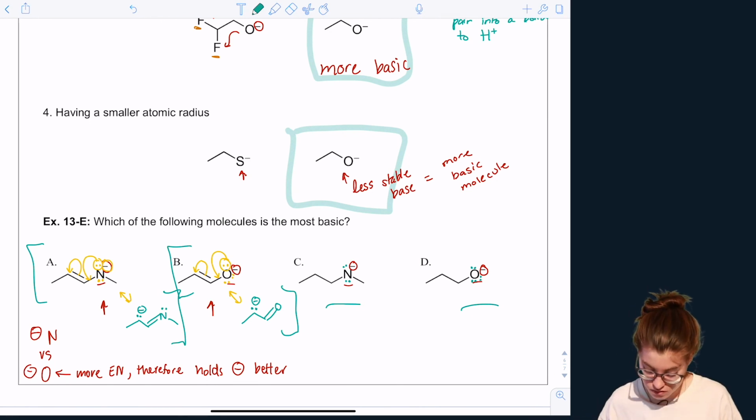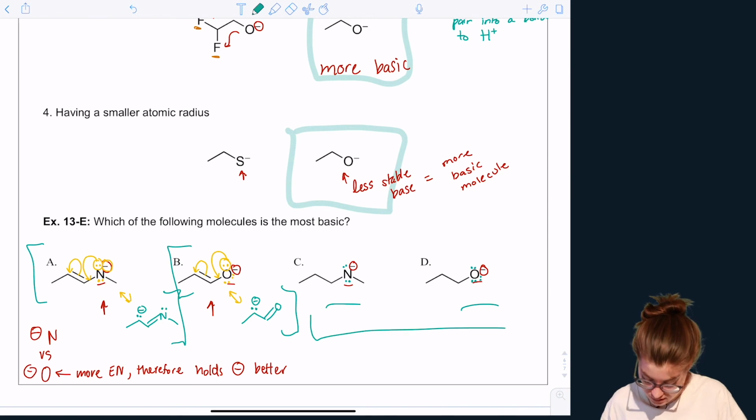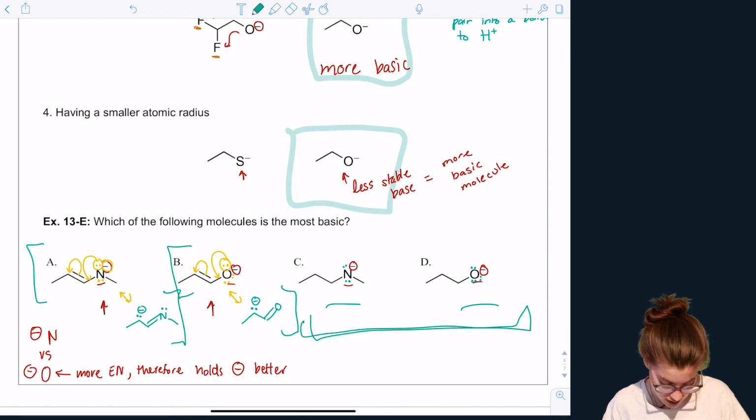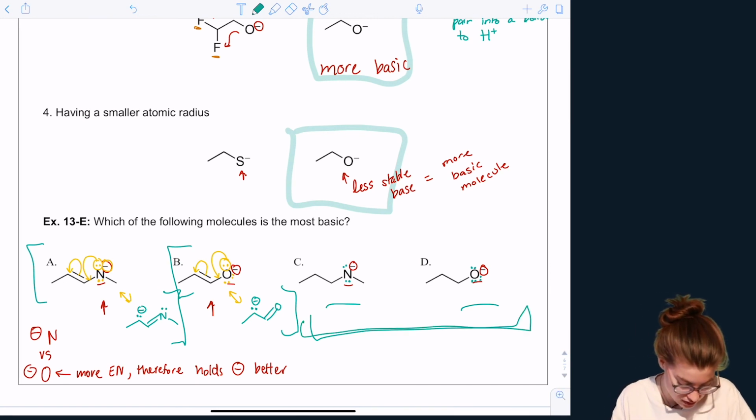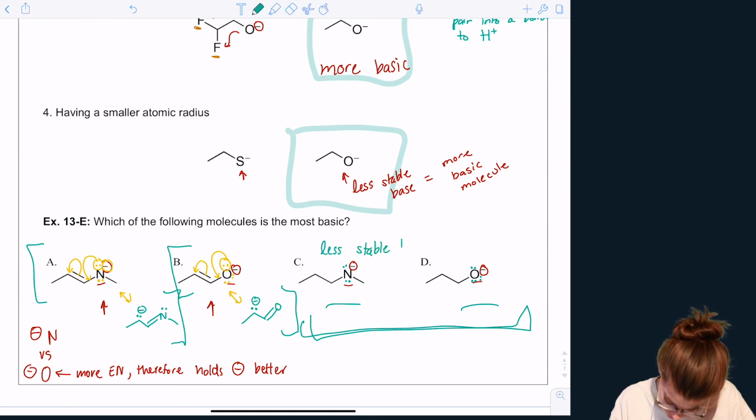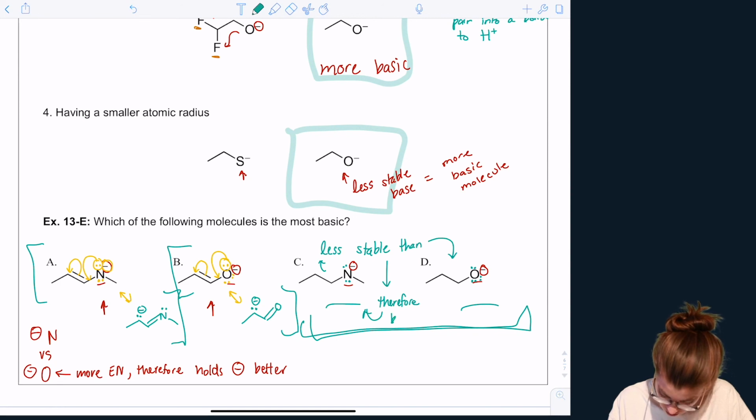So comparing nitrogen versus oxygen with no resonance, we know that nitrogen is less stable, so it is going to be a less stable base than this molecule, which means therefore that is a better base.